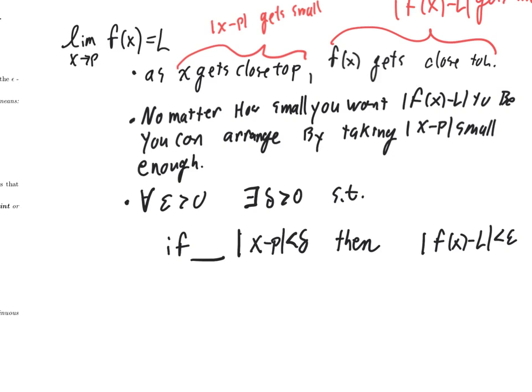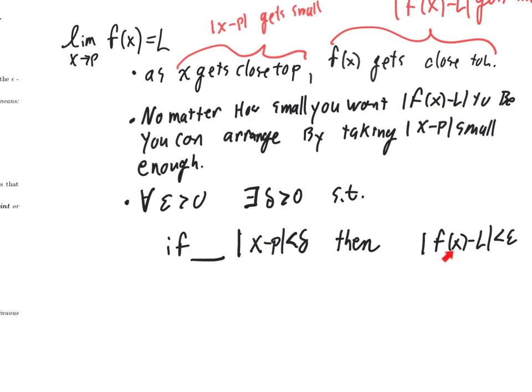And something that you'll remember from Calc 1 is the limit of a function shouldn't actually care what the function evaluates to at p. And notice, this does, because if x is equal to p, then definitely absolute value of x minus p is less than delta, no matter what delta you put there. So that means absolute value of f of p minus L should be less than epsilon.